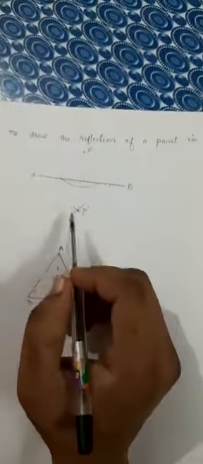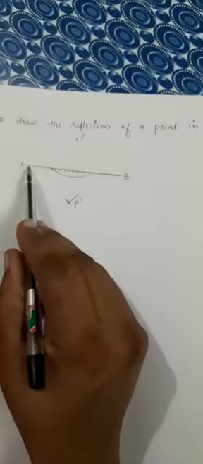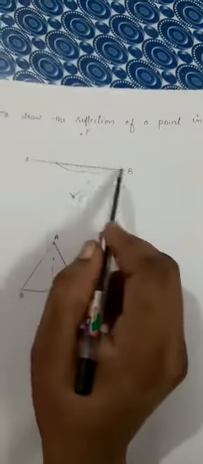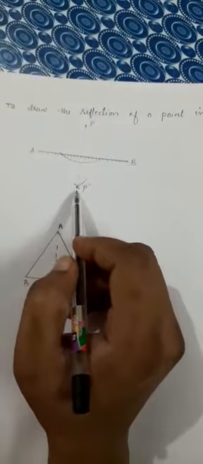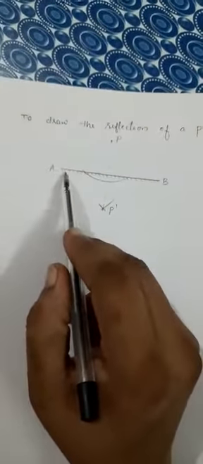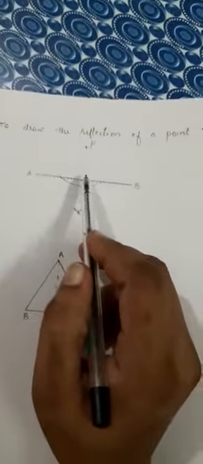You know that its image is formed behind the mirror in such a way that the distance between the mirror and the object is the same as the distance between the mirror and its image. Therefore, here the line AB is called the mirror line or the line of reflection.